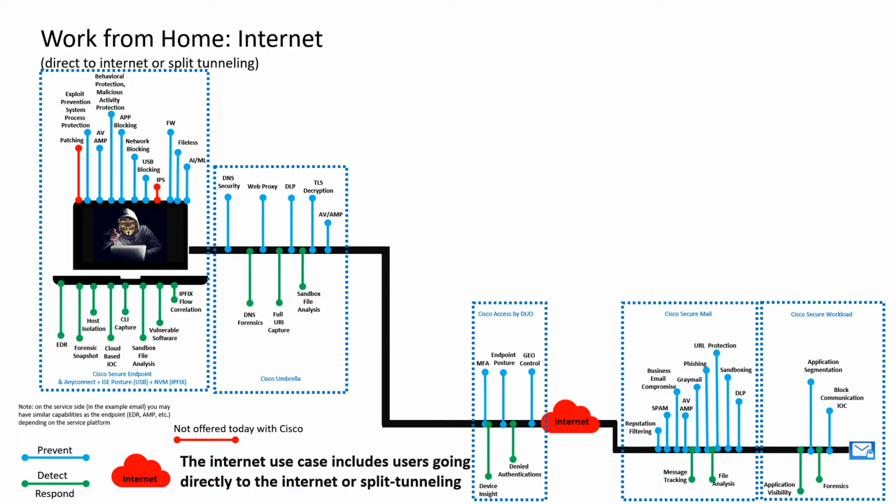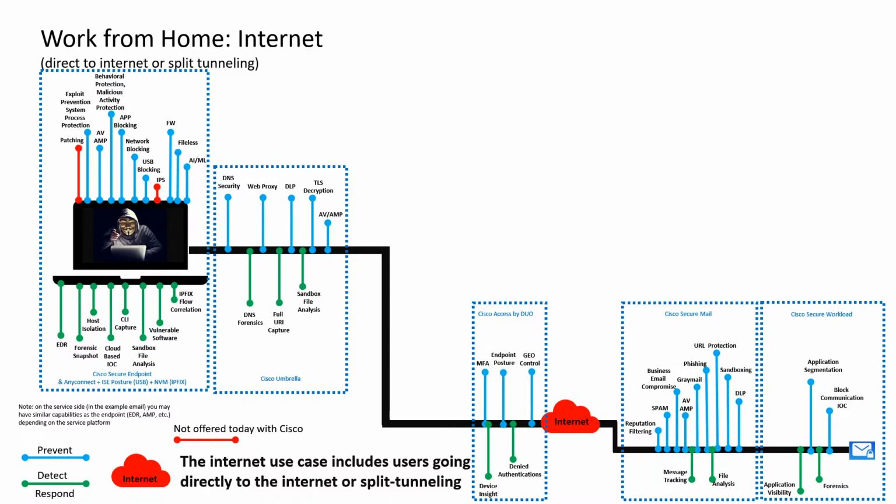So like things like endpoint detection response, advanced malware, you might be in audit mode versus protect mode, depending on the sensitivity of the asset. But that would be certainly something that you would leverage depending on the service that you're connecting to. So don't think that I'm only talking about Secure Workload here. You certainly want to think about endpoint detection response and a lot of those other capabilities that we would see on a traditional workstation.